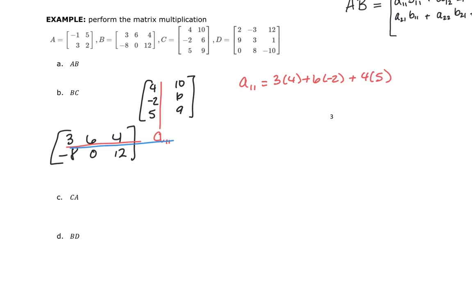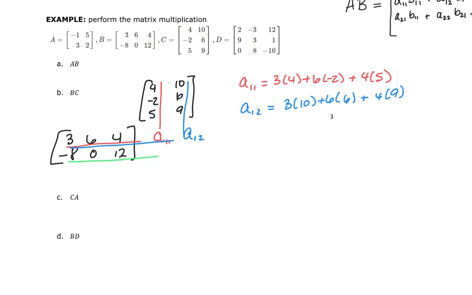I'm going to do this times this. I'm going to call this the A12. So 3 multiplied by 10 plus 6 multiplied by 6 plus 4 multiplied by 9.